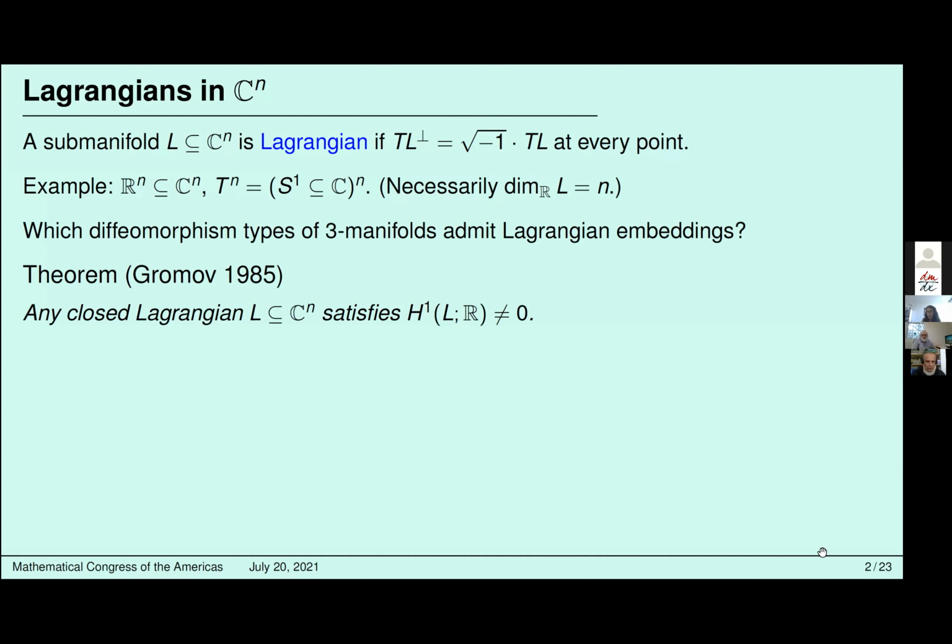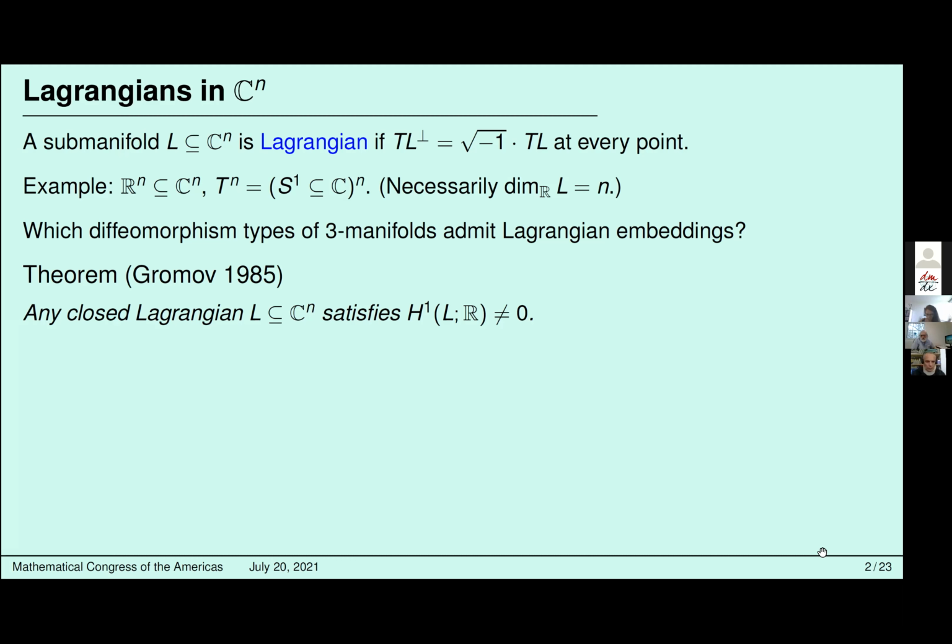A major question I want to talk about today is what diffeomorphism types, say of three manifolds, or other related questions, admit Lagrangian embeddings. For three manifolds, we're talking about into C3.